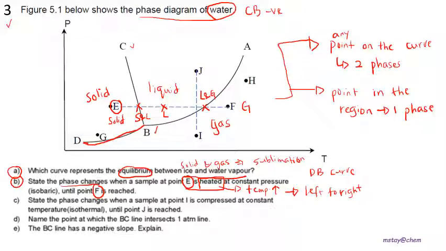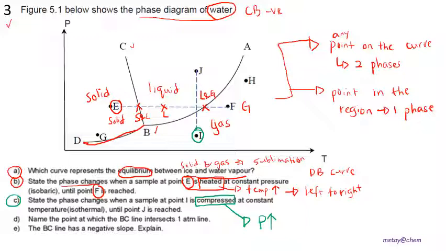Now, look at the next question. C. State the phase change when a sample at point I, so point I is over here, is compressed. Sometimes maybe the question doesn't let us know it will move from where, like questions B and C, but they just let us know at point I is compressed. So you have to understand, if compressed means that the change of pressure happens where the pressure is increasing at constant temperature until point J is reached.